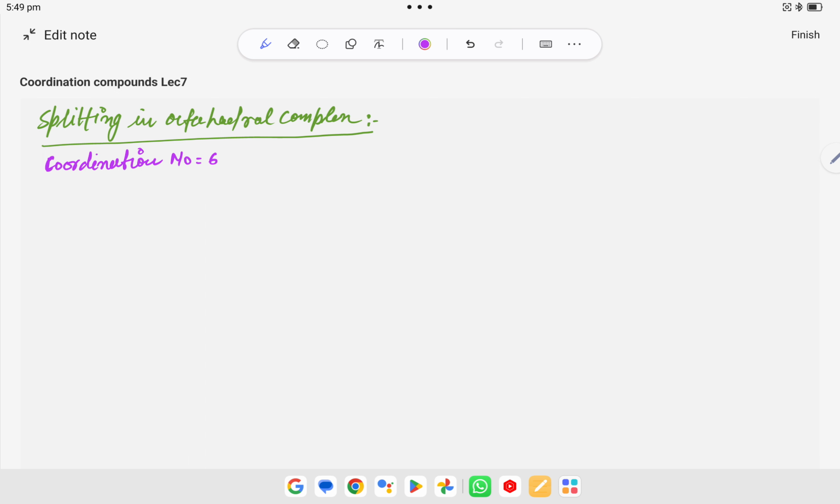The metal ion will be in the center and the ligands occupy the 6 corners of the octahedron.